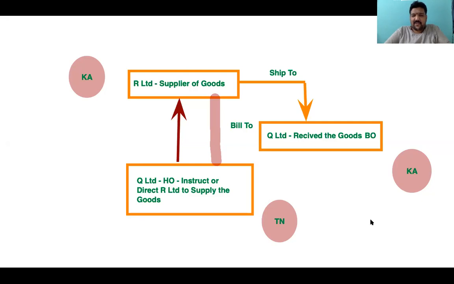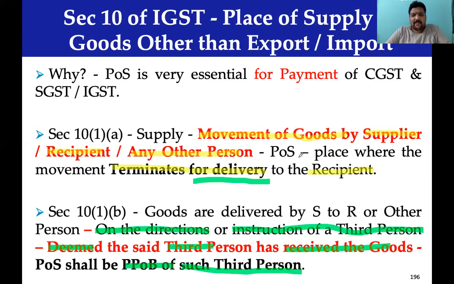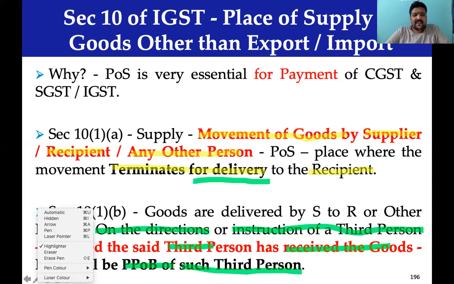A few of you got it. Now, just a minute. It's only a thinking pattern. Once the thinking pattern steps in, third person, HO and branch, same person or two different persons?